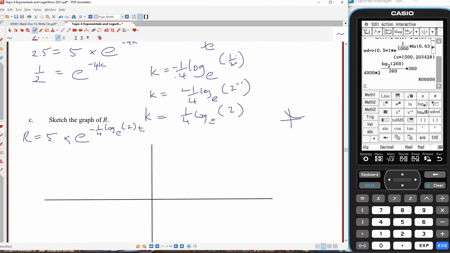So all we need is the y-intercept. Now the y-intercept occurs when t is equal to 0. Slam t is equal to 0, you've got e to the 0 is 1, 1 times 5 is 5. So what would happen is it will swing in like this and go down here. And what it should do is run along the asymptote here, which I will put in. That should be a dotted line.